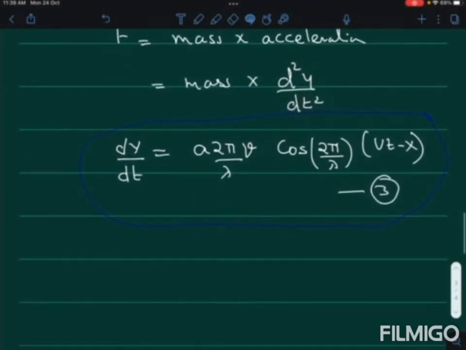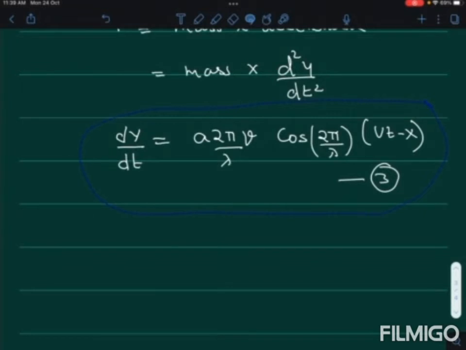Therefore d²y/dt² will be equal to a (2π/λ) v with a minus sign. That minus sign I am going to omit, because it just indicates that the acceleration is in the opposite direction.